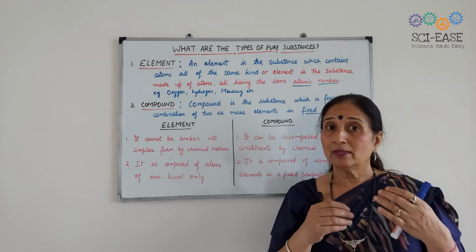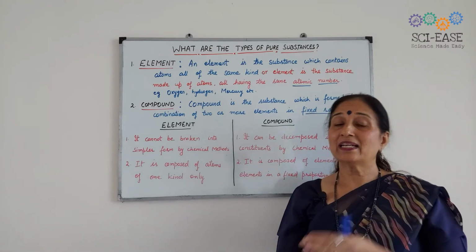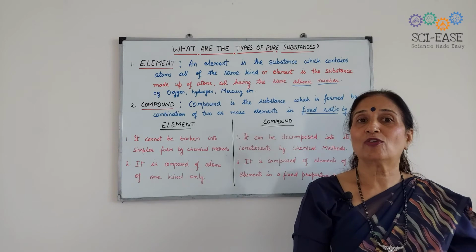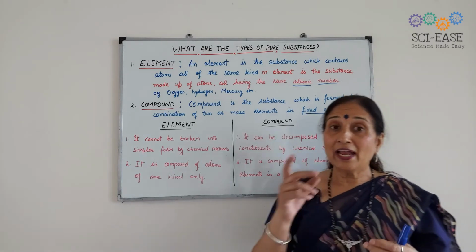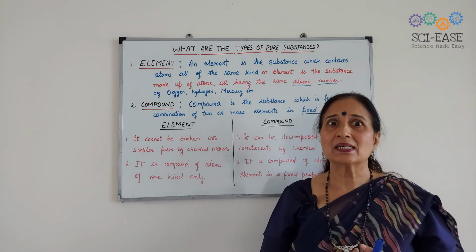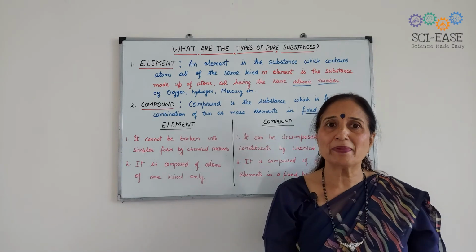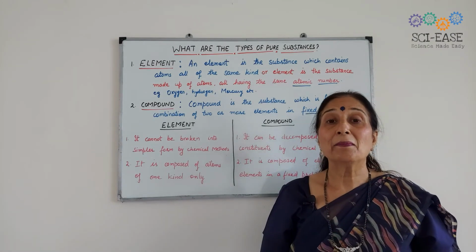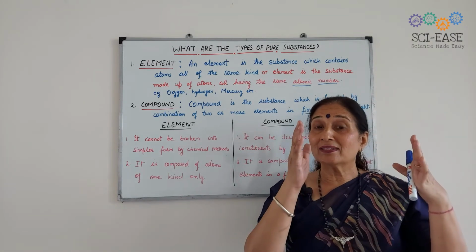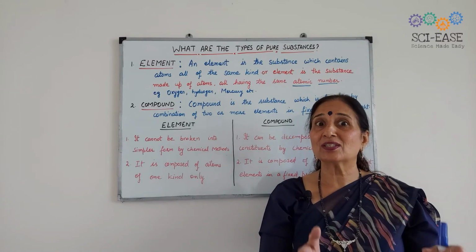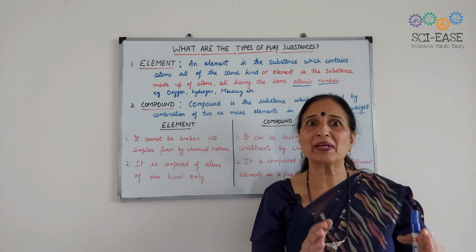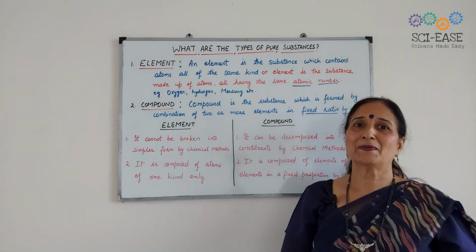So, the mixture has same properties as that of iron and sulfur. And you can separate iron from this mixture by using magnet. So, in case of the mixture, the constituents can be separated by physical methods.